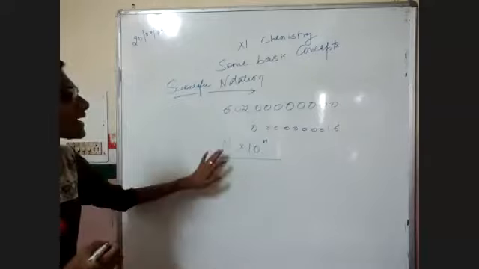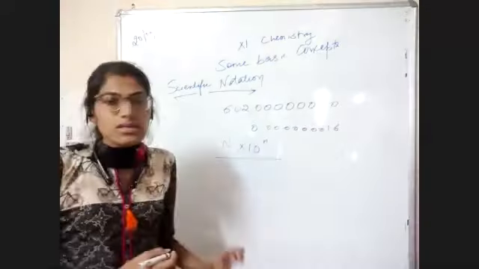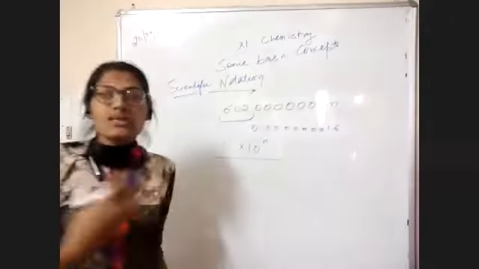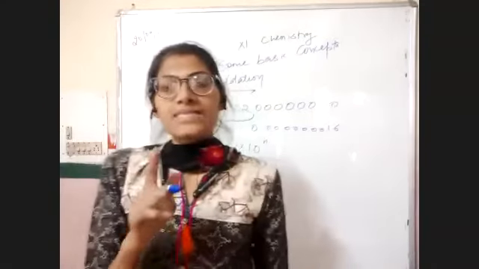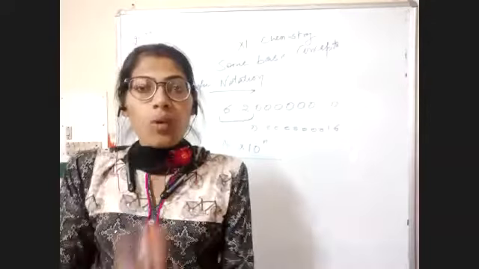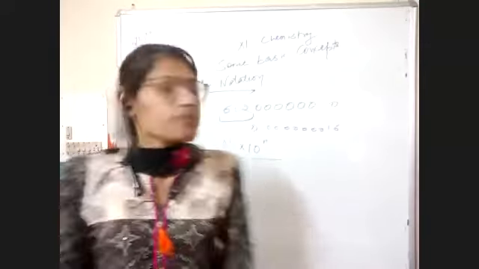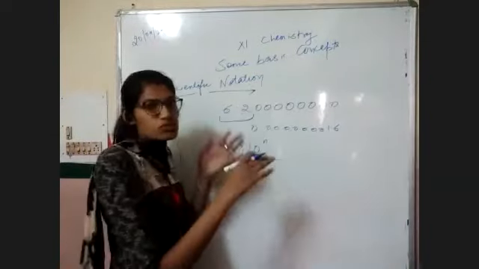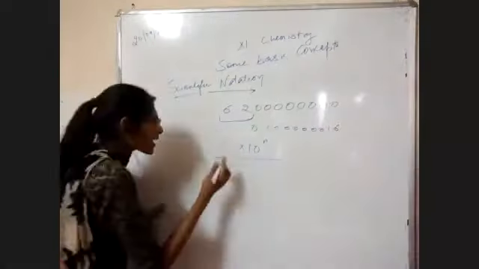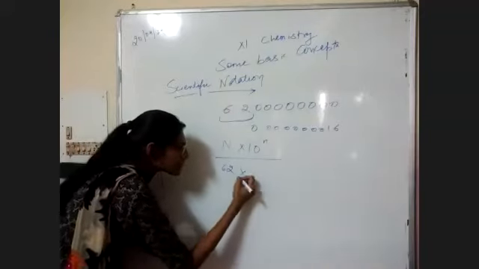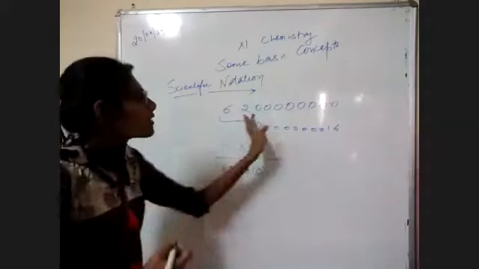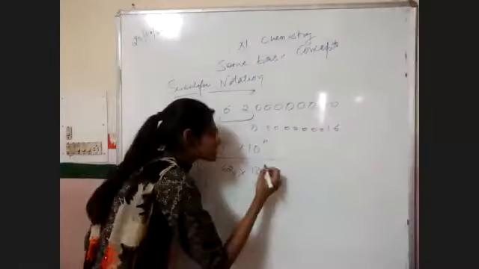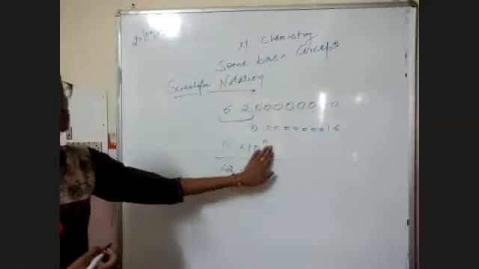Now, what does capital N define and what does small n define? This capital N defines the whole non-zero number. I'm again repeating, this capital N defines the whole non-zero digits. So if I take, suppose, 602, or let's take 62 just to simplify, then N would be 62 multiplied by 10 raised to power, say this is 7, and this would represent your small n.